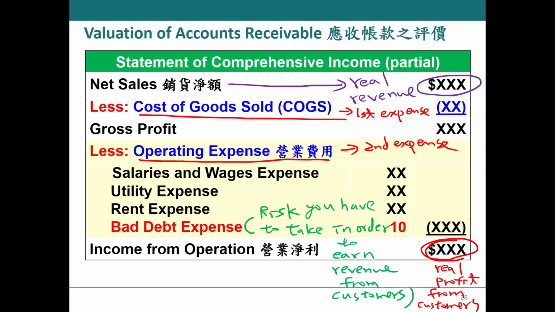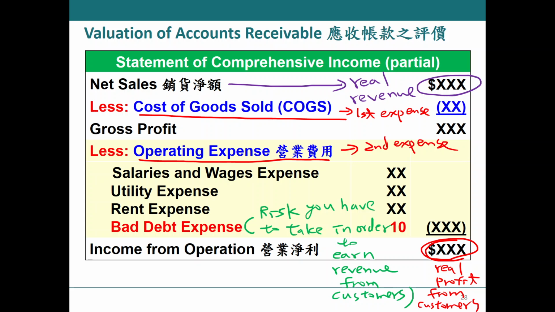If you don't have a question, could you tell me, bad debt expense $10? That $10 is the risk, right? So is the $10 the true amount or an estimated amount? Is that $10 true or not? It's not, right? Why?